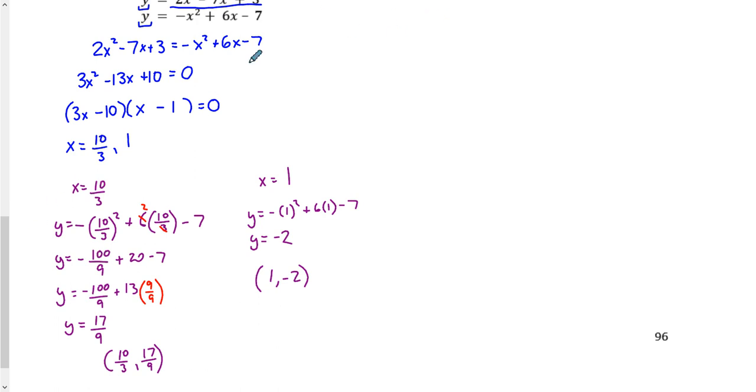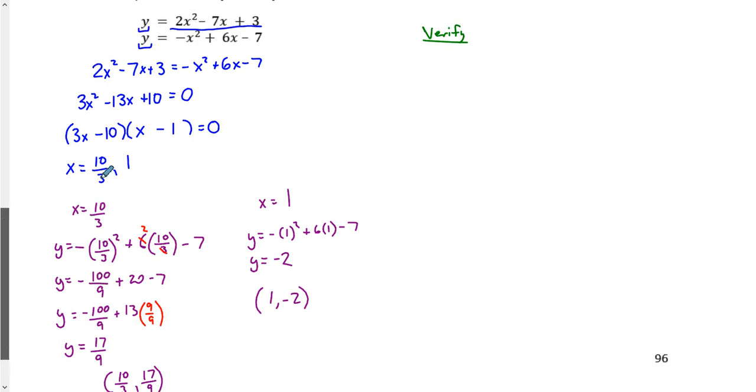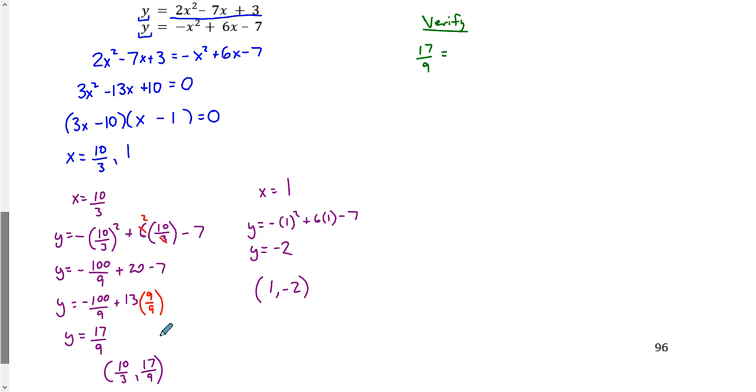So let's go to the verify. Let's do the hard one first. Oh, sorry, we're actually doing the entire verifying of the point. Just so you can see, I'm verifying this point. My y value is 17/9.